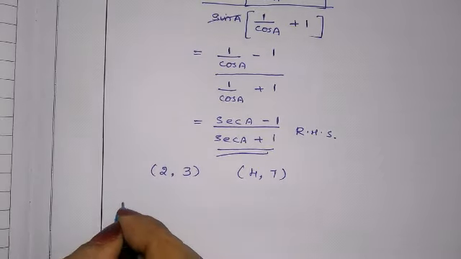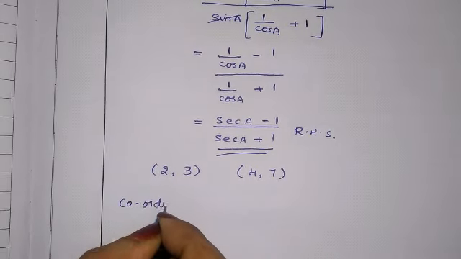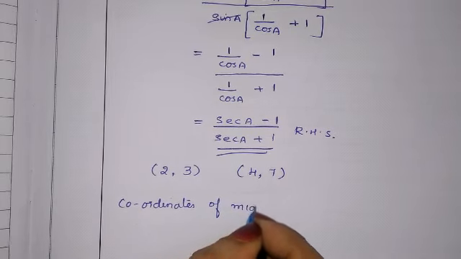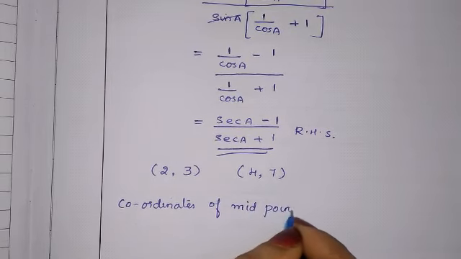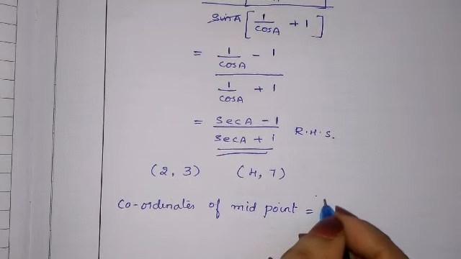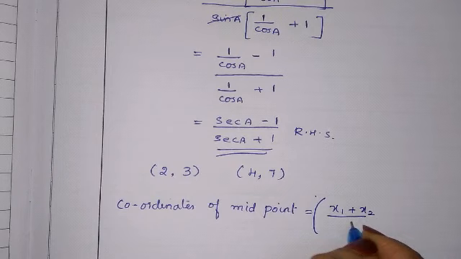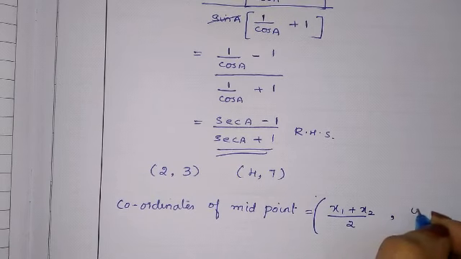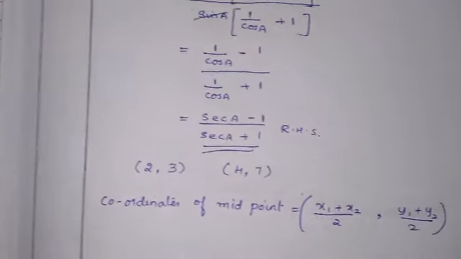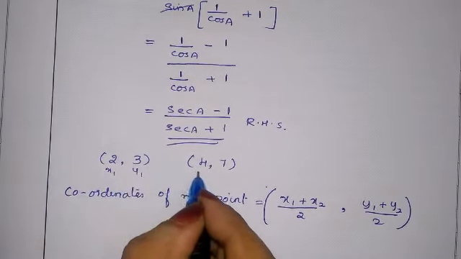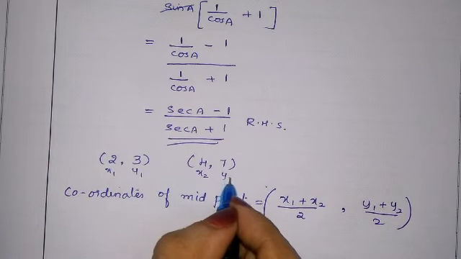We know that the midpoint formula is, we should know this formula, that is (x1 plus x2) by 2 comma (y1 plus y2) by 2. This is the formula. So first point we'll write x1 y1, second point we will write x2 y2.